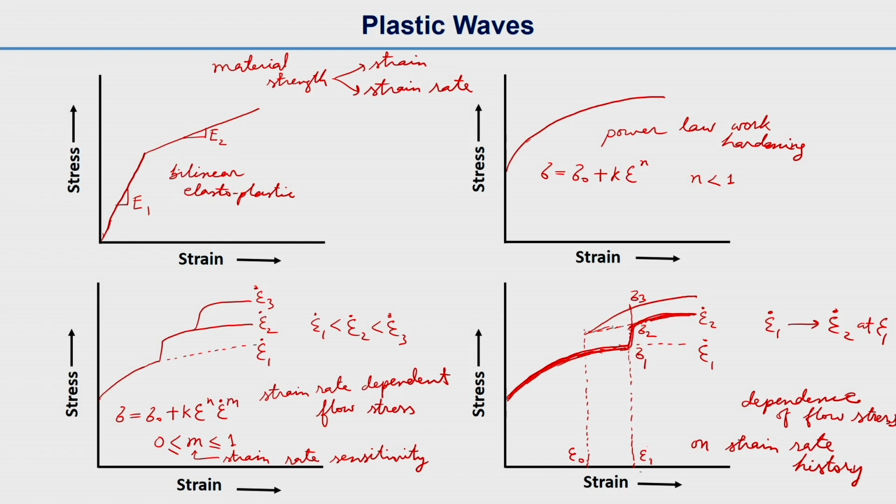In the second case, we changed the strain rate from epsilon dot 1 to epsilon dot 2 at a lower strain epsilon naught. So, in this case the stress curve will go up in this portion and it will not follow the same slope as this. It will have a higher slope. That means the work hardening is higher.